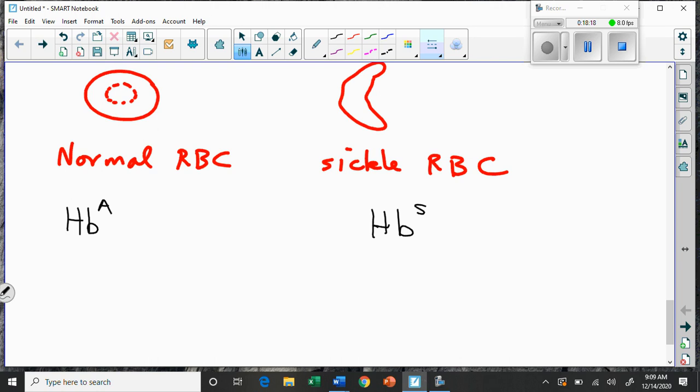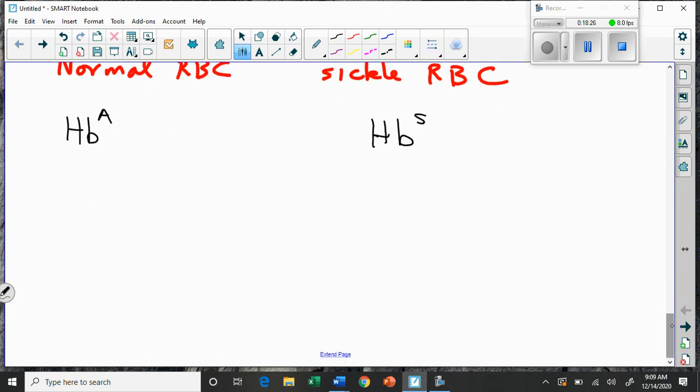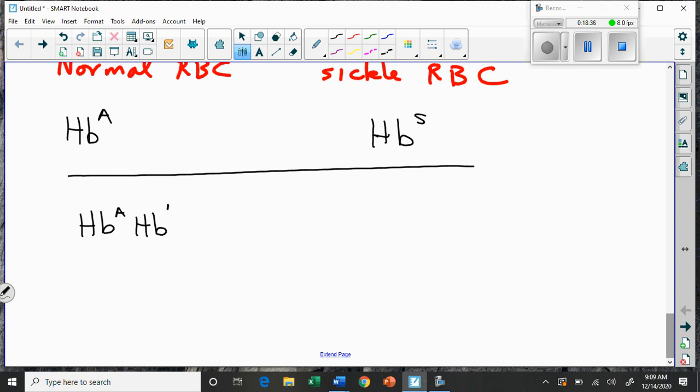Okay. So what happens, of course, is if you get the sickle cell trait, there's three different things that can happen to you. If you end up with the three possible genotypes that you could get from this, if you had this, that would result in a normal phenotype. All your blood cells would be normal.